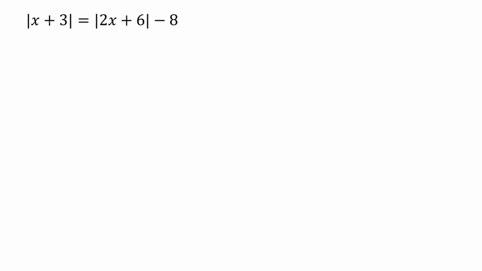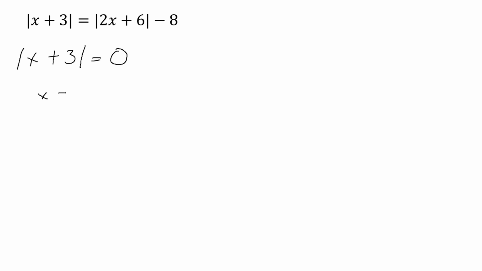And in order to solve this, what you first need to do is think about the equation a little bit differently. Let's take a look at the certain terms that we have, specifically x plus 3 and 2x plus 6. What you can do here is take x plus 3, or 2x plus 6, it doesn't really matter, and then you solve for what's equal to 0.